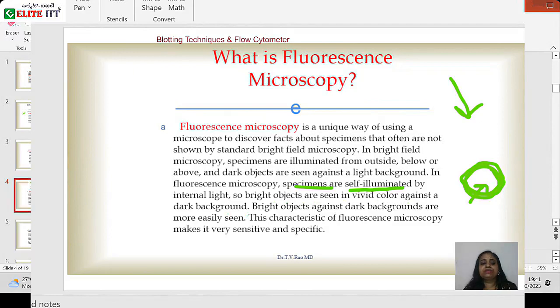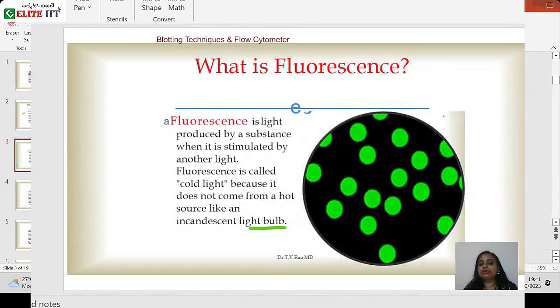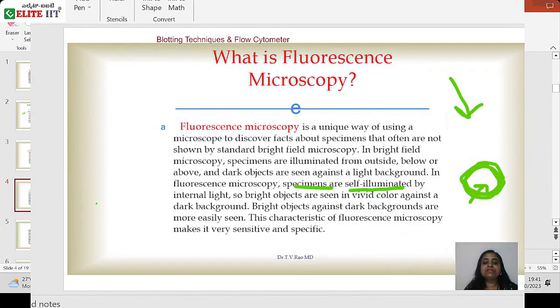So you will get this type of image. On the dark background, you will get a very bright colored sample. Now, if you consider the normal light microscope, you will get just a shadow. This is white on the surface of a white background.